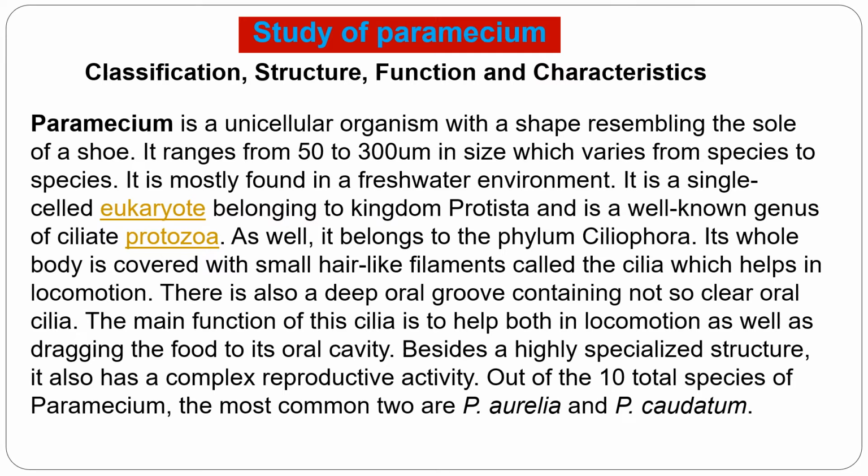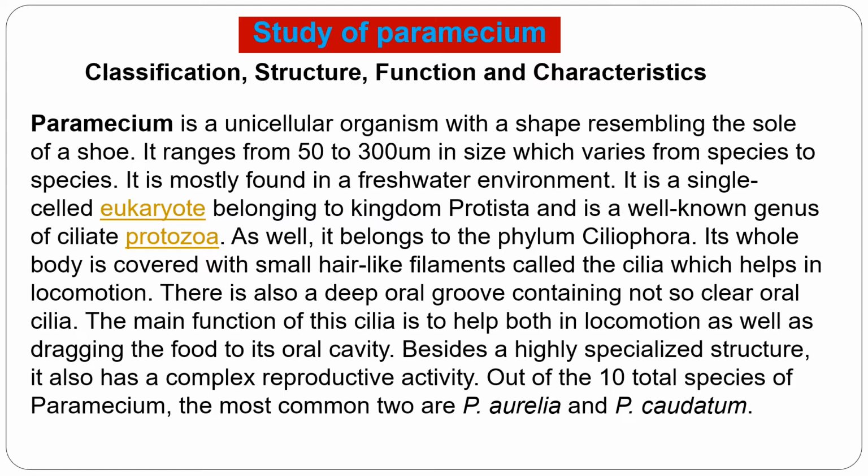Its whole body is covered with small hair-like filaments called cilia, which help in locomotion. There is also a deep oral groove containing oral cilia. The main function of the cilia is to help both in locomotion as well as dragging the food to its oral cavity.